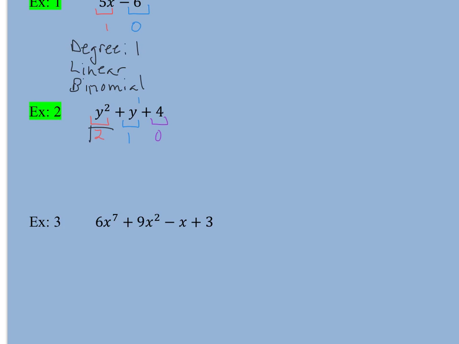So the 2 has the highest degree, so its degree is 2. Because it has a degree of 2, it is considered a quadratic. And then the number of terms it has is 3, so it's considered a trinomial.